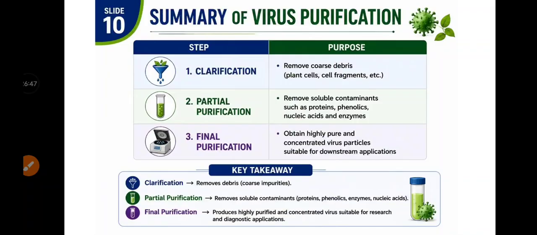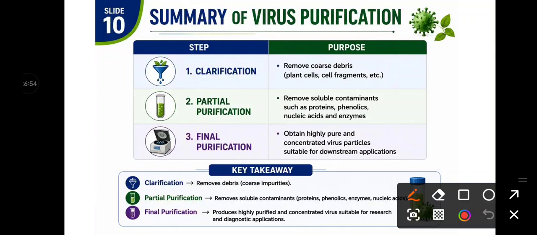So in summary, here we have discussed three major steps in virus purification: clarification, where the coarse debris will be removed; then partial purification, in which soluble contaminants will be removed; and the final purification to get highly pure and concentrated virus particles.